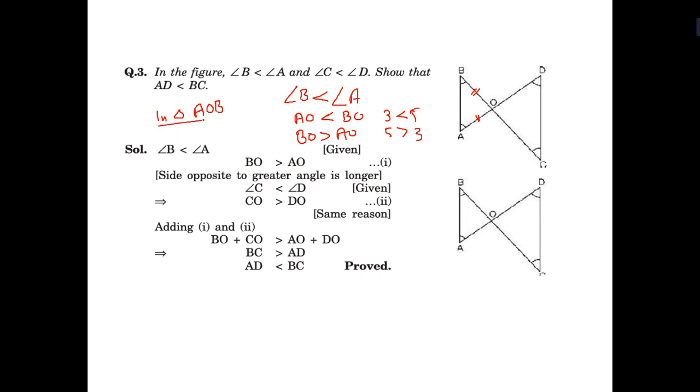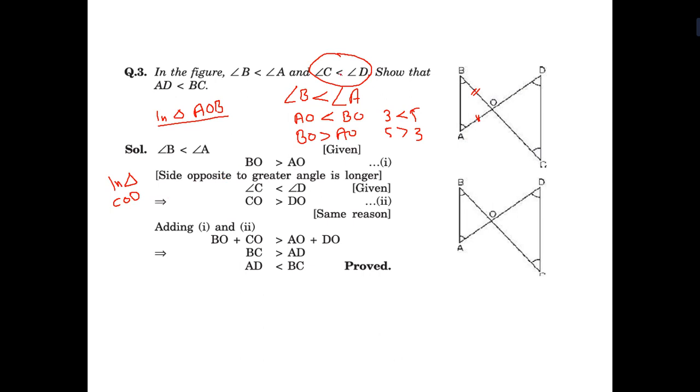Now again the second thing given is that angle C is greater than angle D. So which triangle do I have to use now? I have to write in triangle COD.